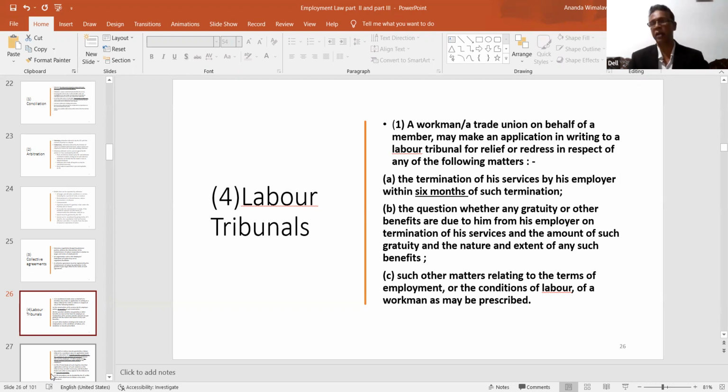Normally, there are provisions to address such issues through conciliation and arbitration as well. But if the dispute is relating to termination of employment, it is better to go to the labor tribunal if such termination is not covered by the Termination Act.